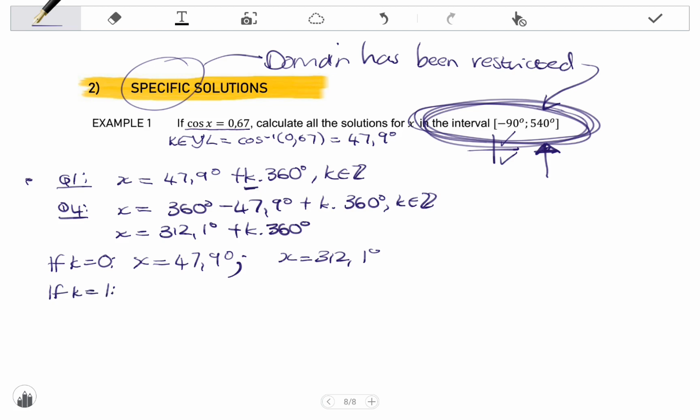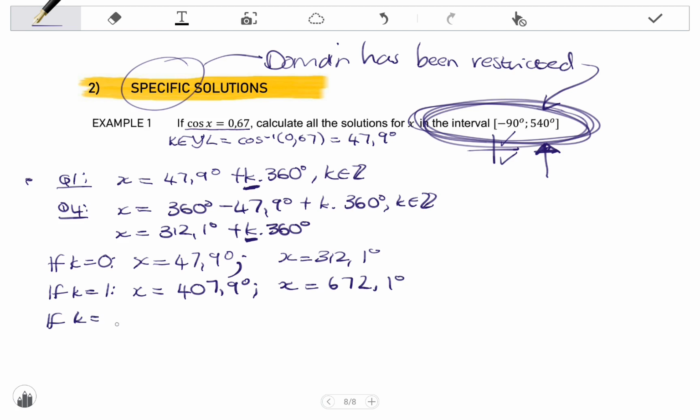Then I'd be adding 360. So in the general solution from the first quadrant, I have 47,9 plus 360, which is 407,9 degrees. If I were to substitute 1 in place of k in the general solution for the fourth quadrant, I would get a massive value of 672,1 degrees.